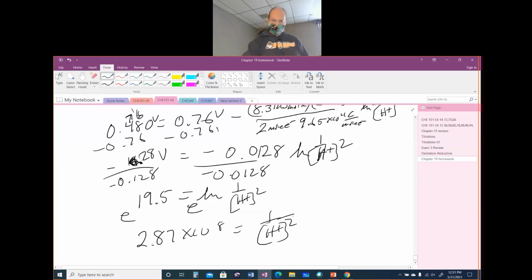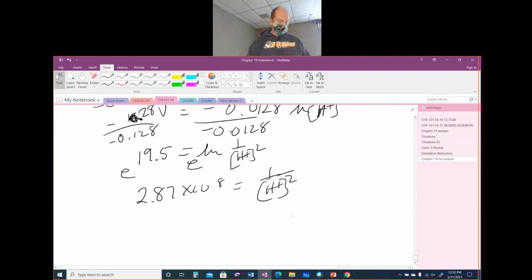Invert both sides. So inverting that, x to the minus 1, you get a 3.485 times 10 to the negative 9 is equal to H plus squared. Take the square root of both sides.